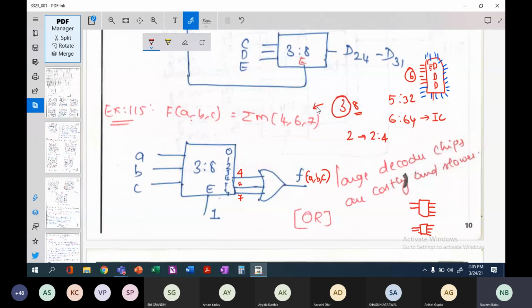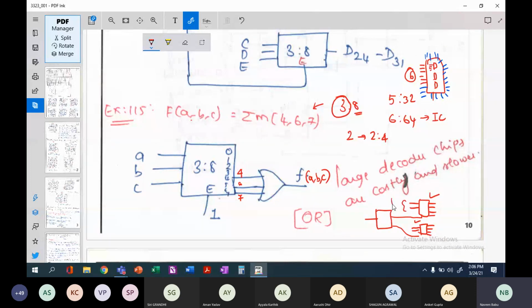What about the third input? For the third input, first you have to select the decoder chips. So you need one more decoder, and you have 2 decoders to be selected. So a 2 output decoder must be there, and a 2 output decoder will have 1 input.